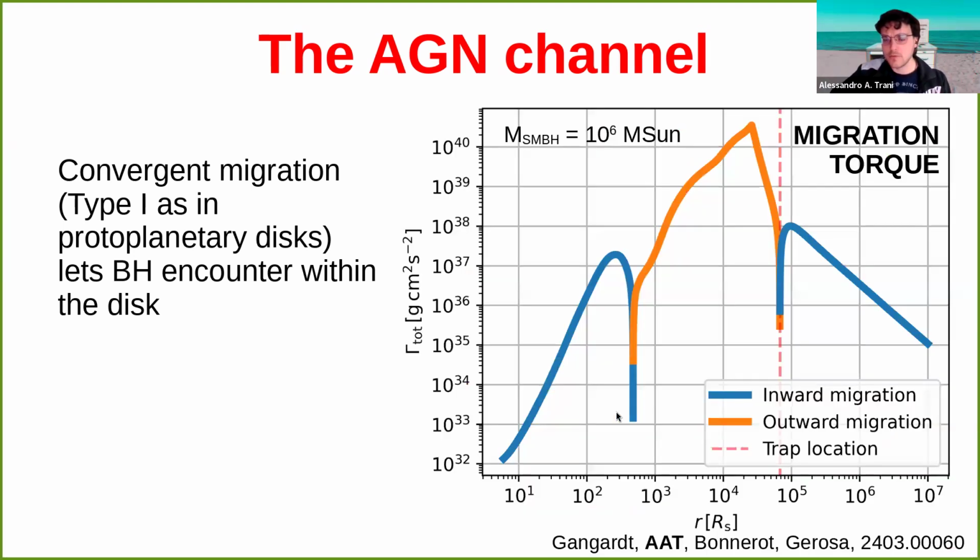For example, if we calculate for a 10^6 solar mass black hole with a disk around and the migration torque, you see that here the black holes will migrate inward, here they will migrate outward, and here inward, meaning that these black holes will eventually meet all together at the trap location.